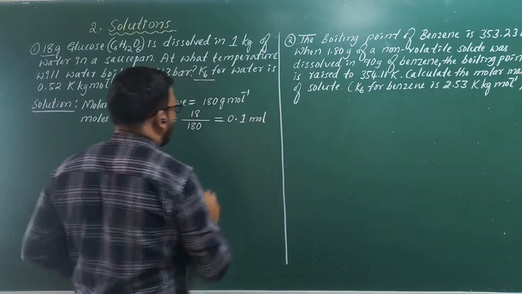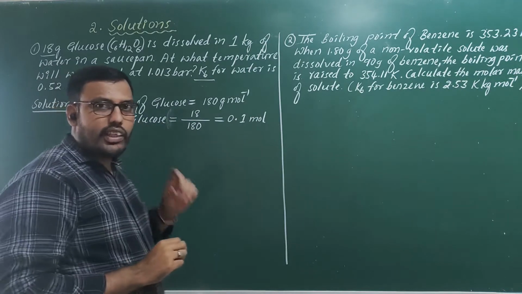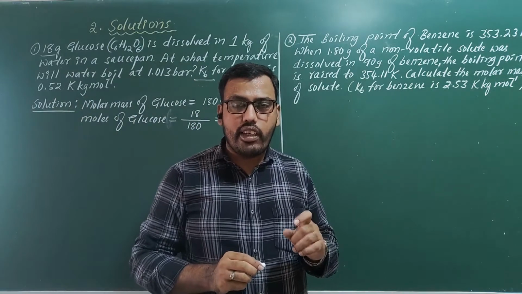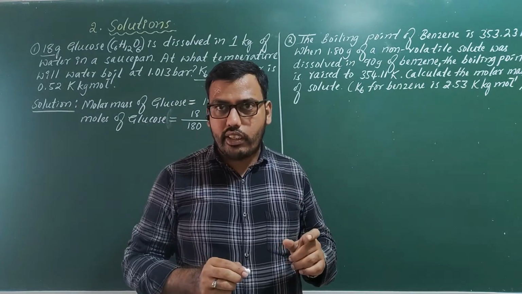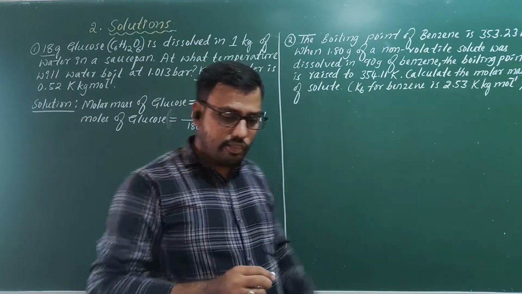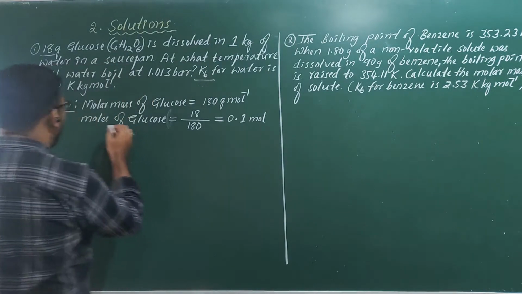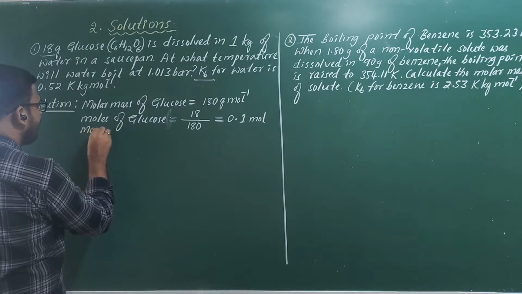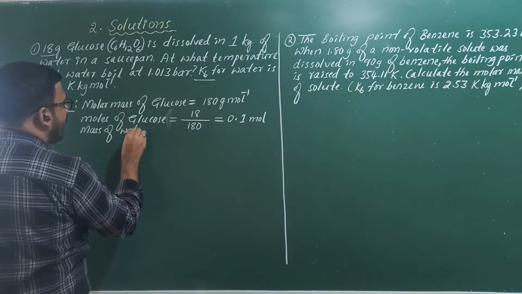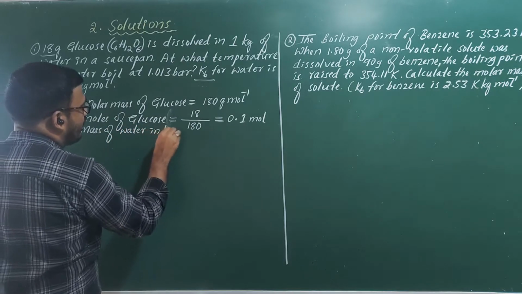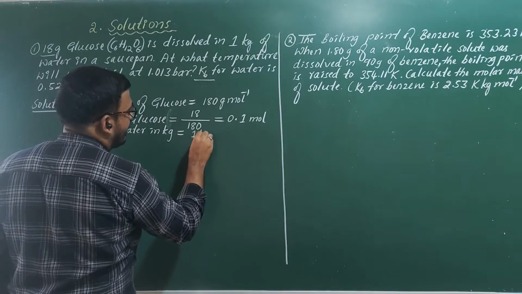0.1 mole. For molality, in the numerator we have the moles of glucose, which I have calculated. In the denominator, what is the other quantity we require? It is the mass of water in kg. The mass of water in kg is already given in kg only. See, 1 kg is given, so I will write 1 kg.